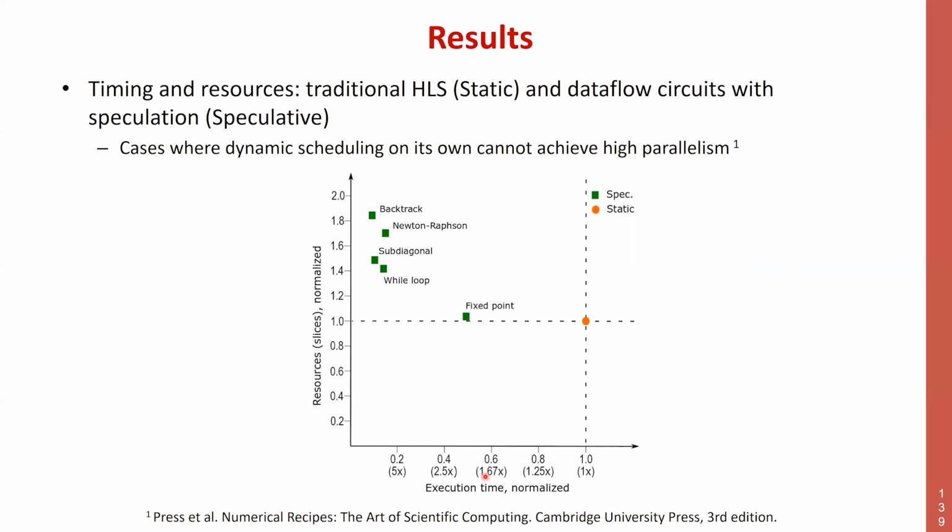For instance, you have here Newton-Raphson, right? And you probably know what it is, right? Is one of the classic numerical algorithms. But Newton-Raphson has the problem that it is an algorithm that converges well in most cases, but in some cases it doesn't converge.